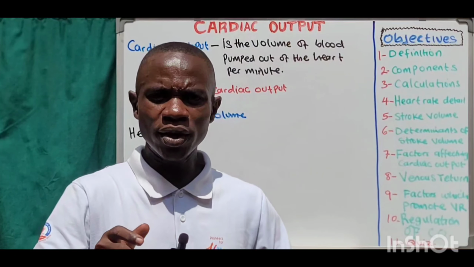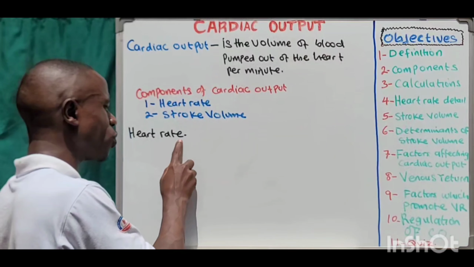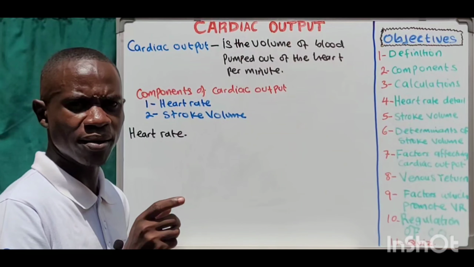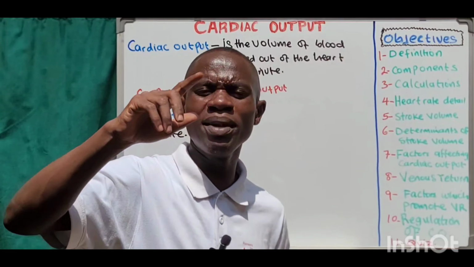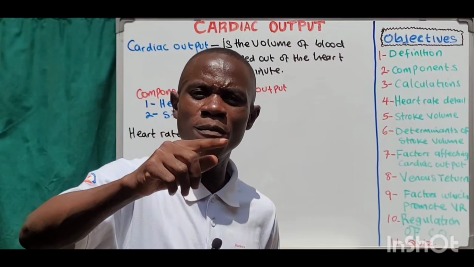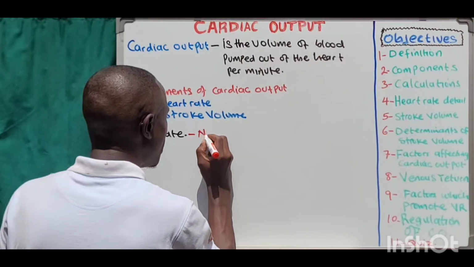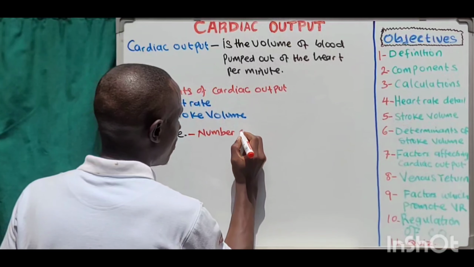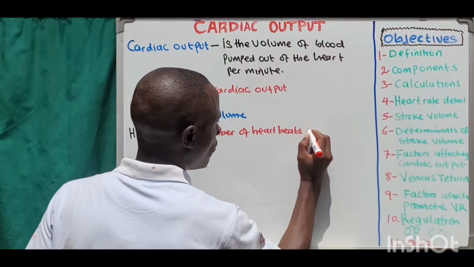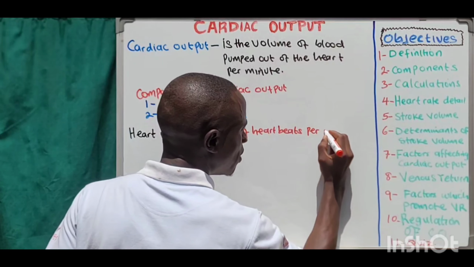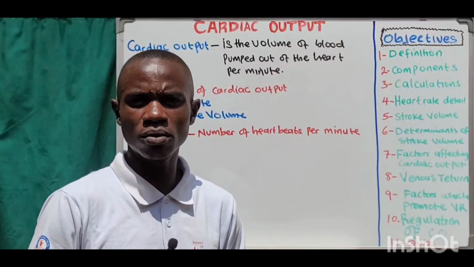Heart rate is heart and then rate, which is related to time. It is the number of beats the heart makes every minute that passes, the number of heartbeats per minute. That is a simplified definition of heart rate.